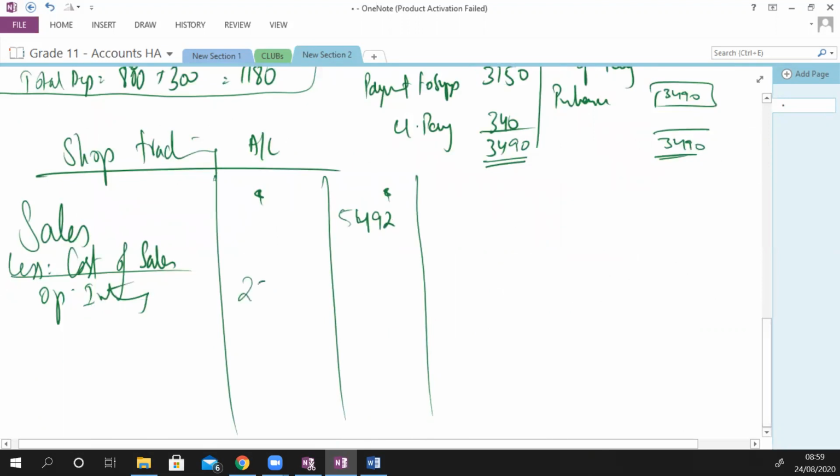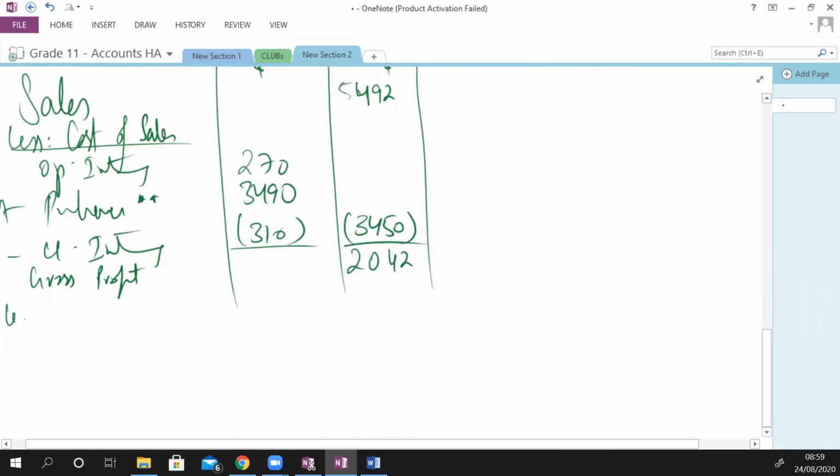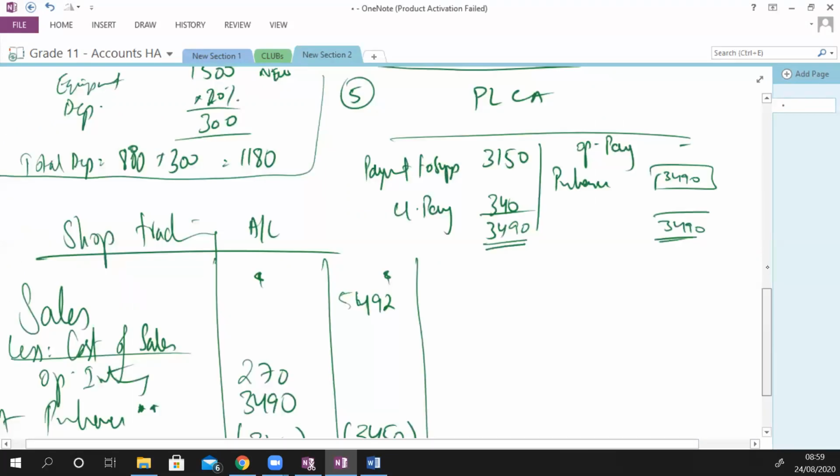Opening inventory 270 less closing inventory of 310 plus purchases, the one we had calculated using PLCA 3490. ठीक है, so this would be 3450. So this would be gross profit 2042.